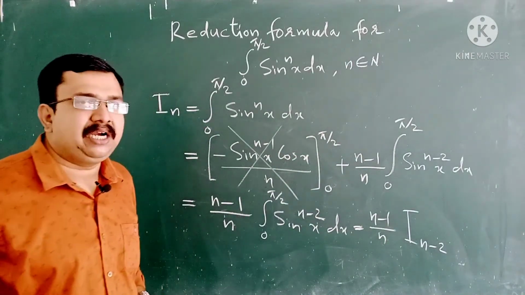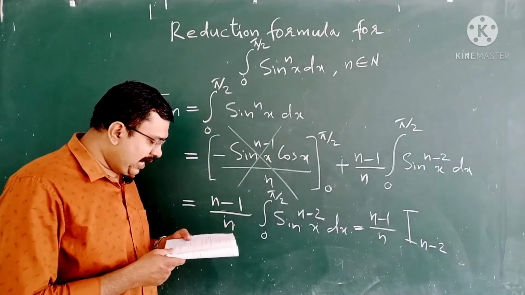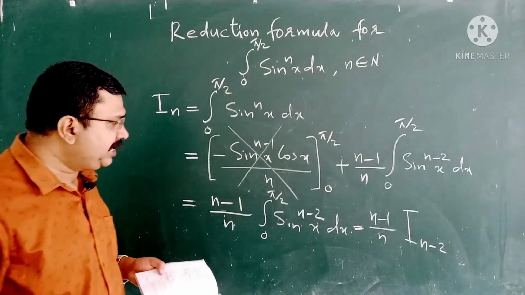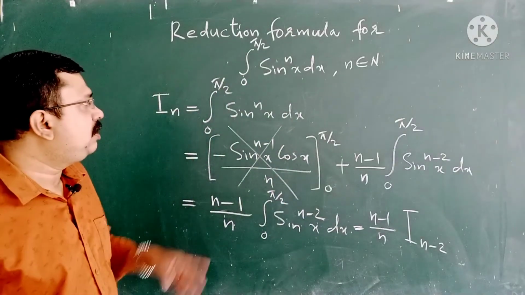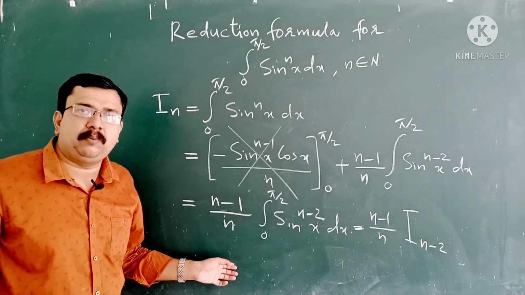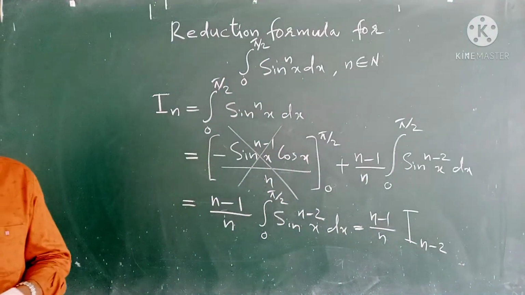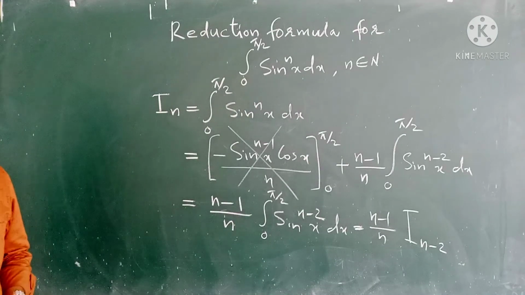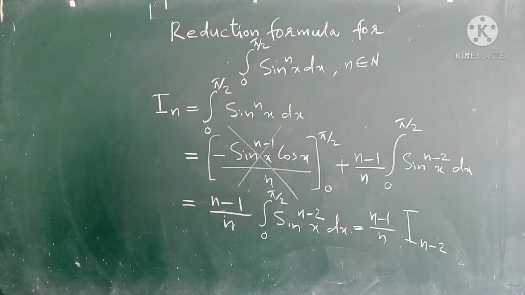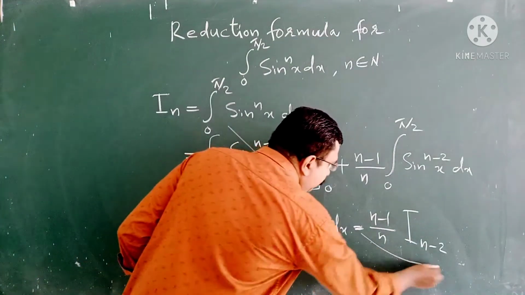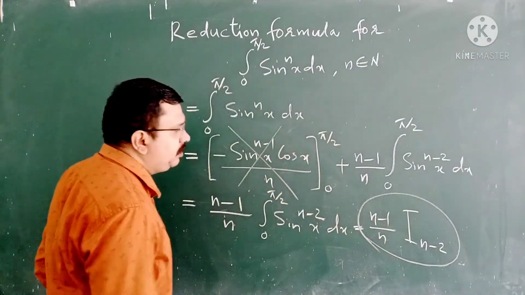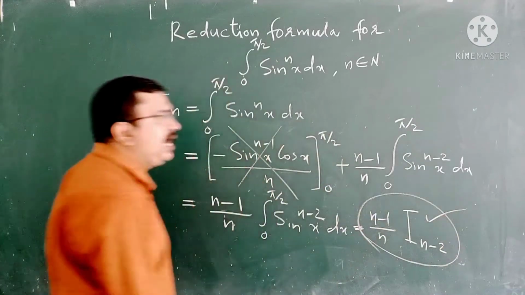Remember that. What is our reduction formula? I n is equal to n minus 1 by n into I n minus 2. Please write it down in your notebook. This is the reduction formula. This is our final answer.